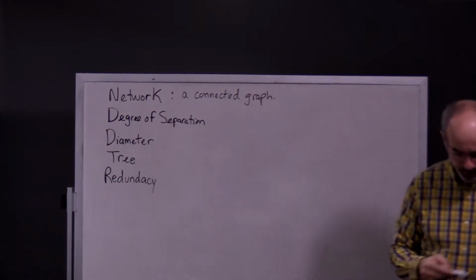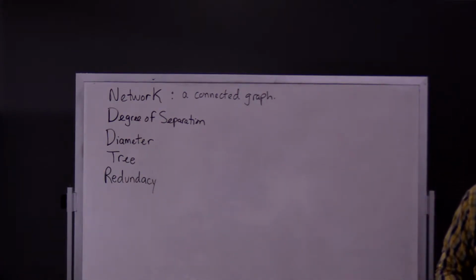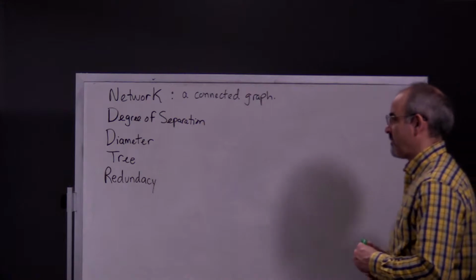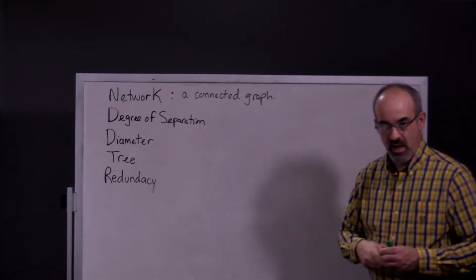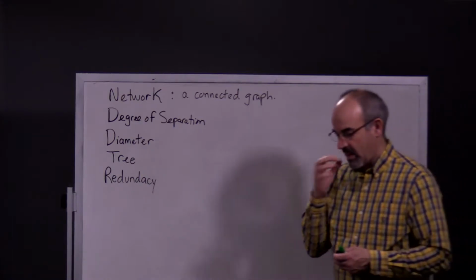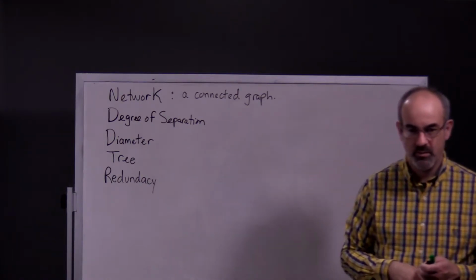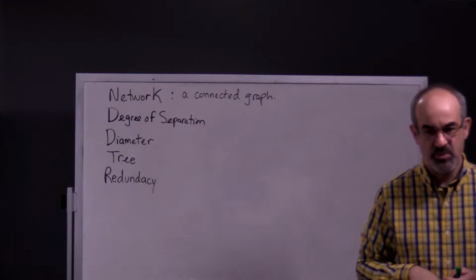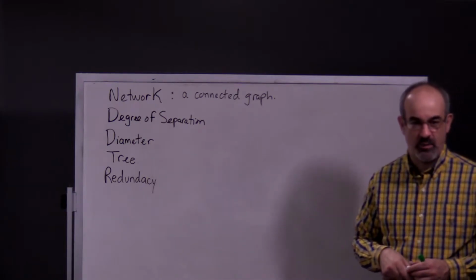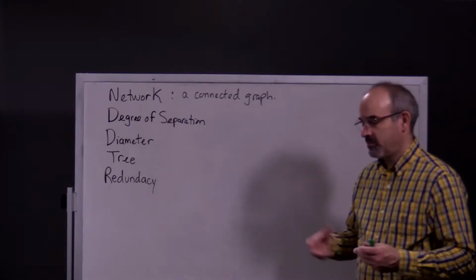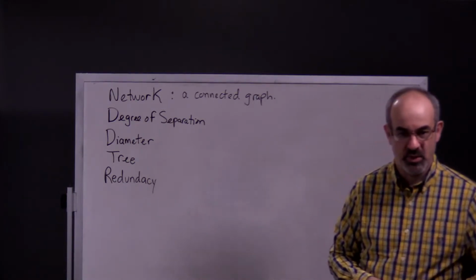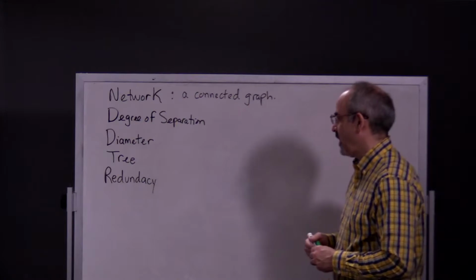Okay, so we've talked about connected graphs in Chapter 6. Let me draw a picture. One of the things they talk about a little bit in this section and in this chapter, mostly in this section, is Facebook. Facebook is a type of network. LinkedIn is a type of network. Matter of fact, they made a movie about Facebook and it was called The Social Network.